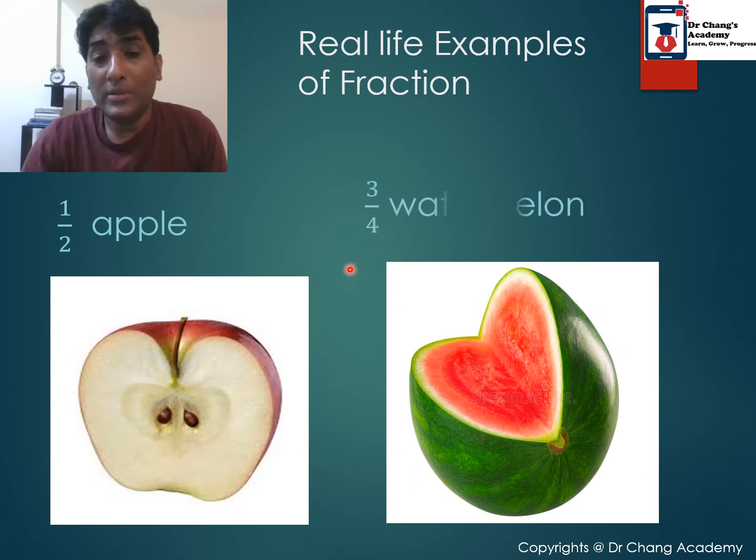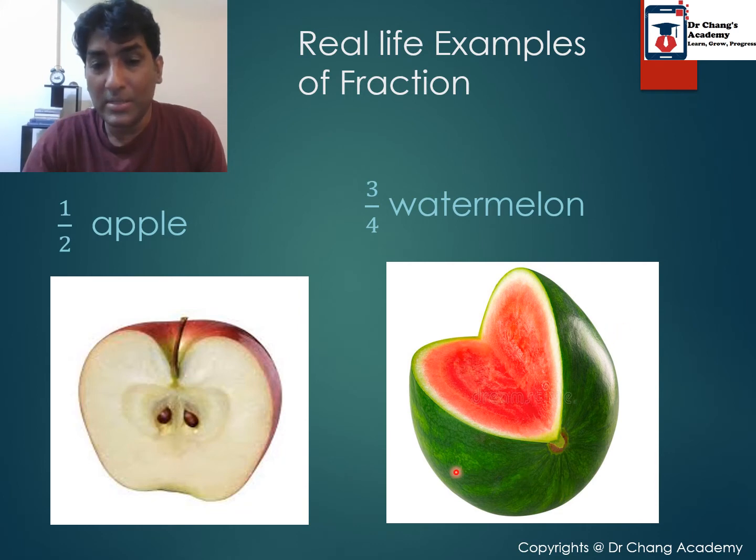Okay, how about this? Well, this is 3/4 of a watermelon. How do we determine this is 3/4? Well, from this part we can say this 1/4 has been taken out, so the remaining is 3/4. If we divide this whole watermelon into 4 equal parts, one such part has already been taken out, and 3 parts are remaining.